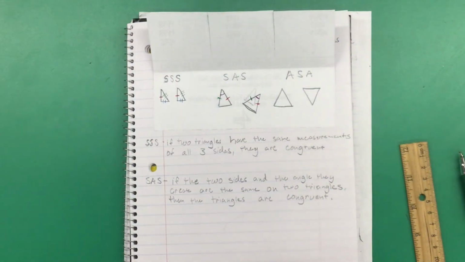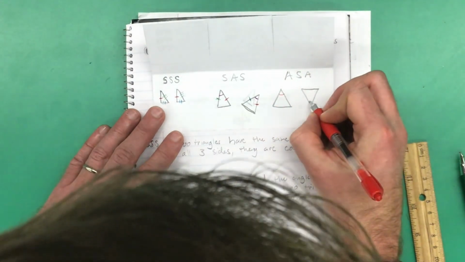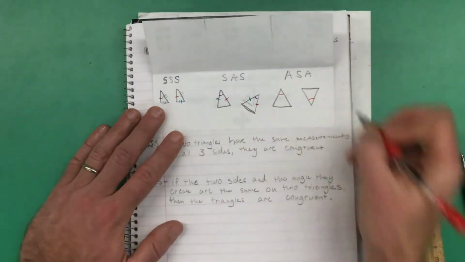All right, so angle, side, angle. So let's say these two angles are the same, if we know that they're the same measurement.